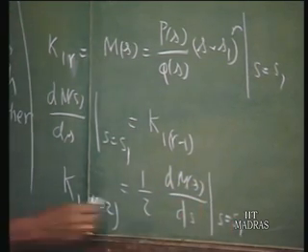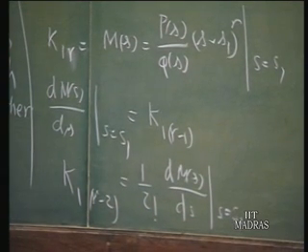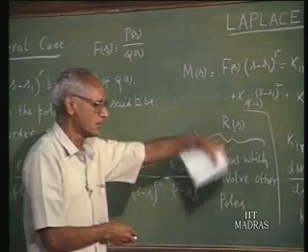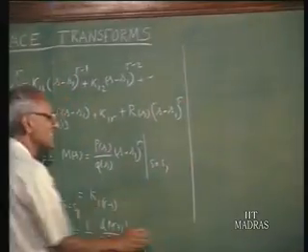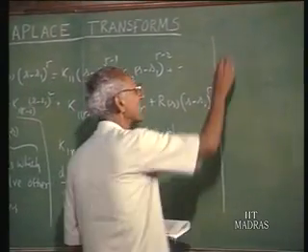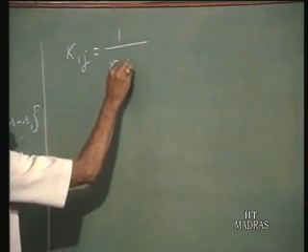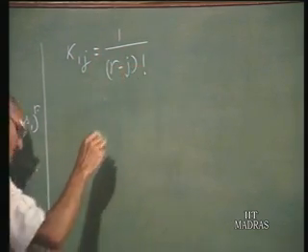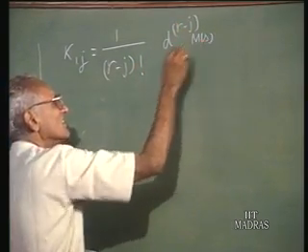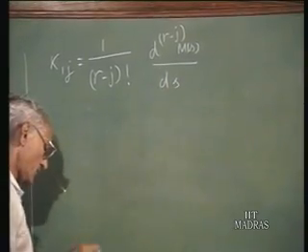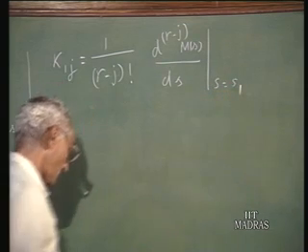As a matter of fact, instead of 2, I will write 2 factorial, because that is how it progresses. And for the previous term, k1(r minus 3), you will get 3 factorial. That is how it goes. So continuing this discussion, it is easy to verify that k1j is obtained as 1 over (r minus j) factorial times the (r minus j)th derivative of m of s with respect to s, with the substitution s equals s1.